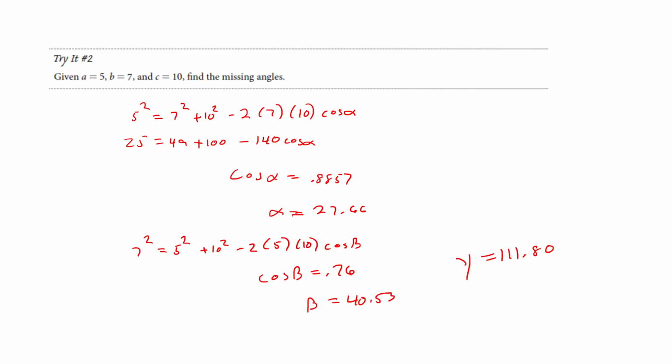Okay, that's the end. So let me again talk about what's happened here. In the law of sines, we needed a complete ratio, and we ran into trouble if we had the complete ratio but only one angle. Law of cosines is going to cover the other situations that we can find ourselves in, where perhaps we have all the sides and no angles at all. Law of cosines can help us there.